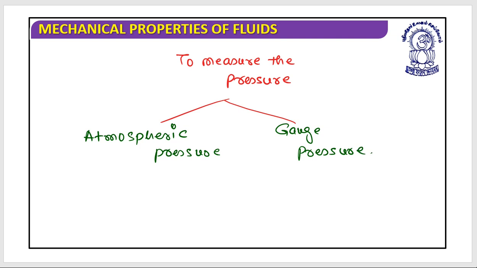To measure these two different pressures, we have different apparatus. To measure the atmospheric pressure, we have the barometer, and to measure the gauge pressure, we have the manometer.